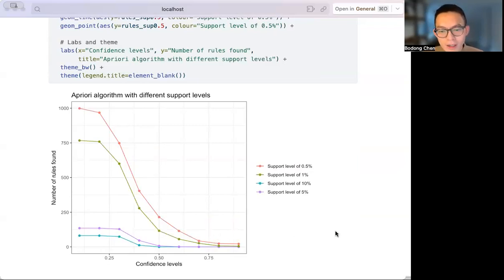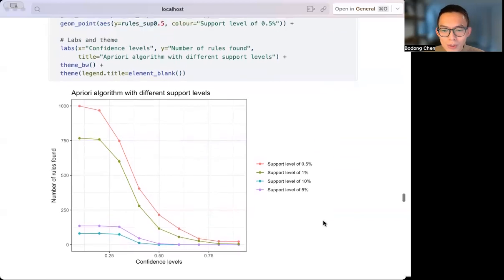So this graph can sometimes help you make informed decisions about what types of parameters to use to achieve the best outcome. And again, this is an iterative process, but you can do things multiple times thanks to the efficiency of the algorithm for this kind of association rule mining.